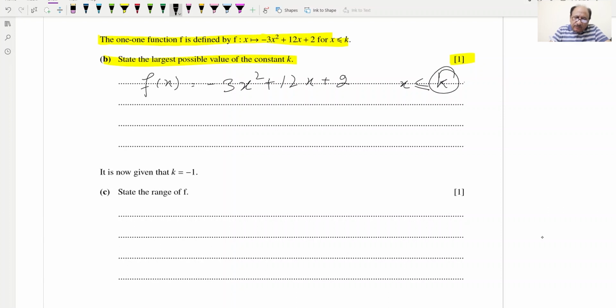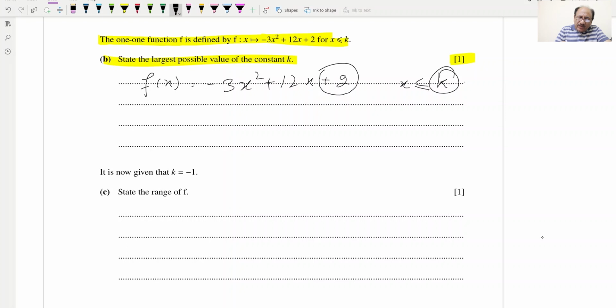See, the maximum value it can have is this one plus 2. This will always be a negative value. Why will it be negative?